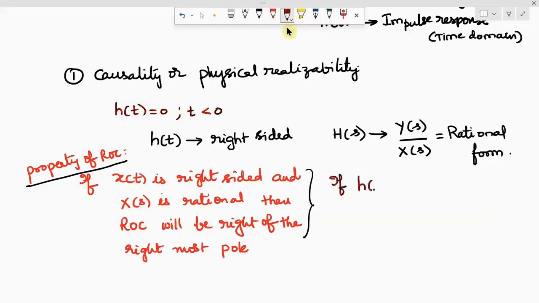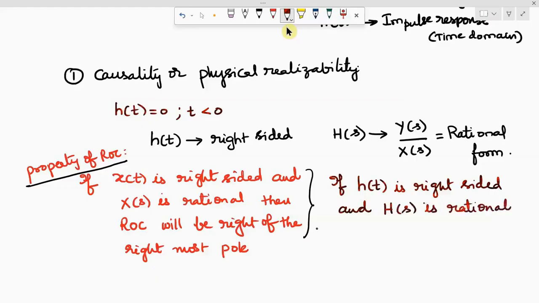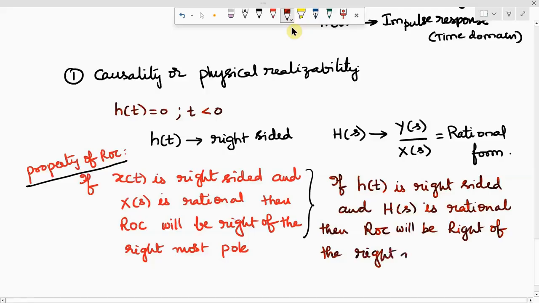If the impulse response h of t is right-sided and the transfer function H of s is rational, then the ROC will be right of the rightmost pole.